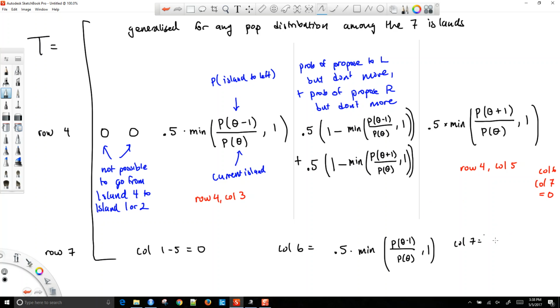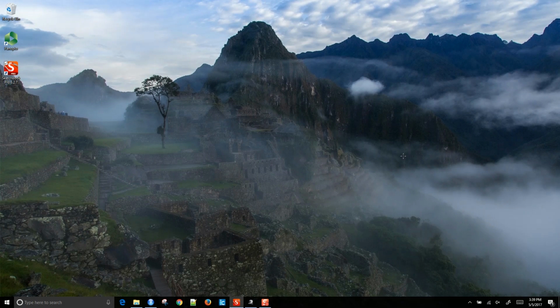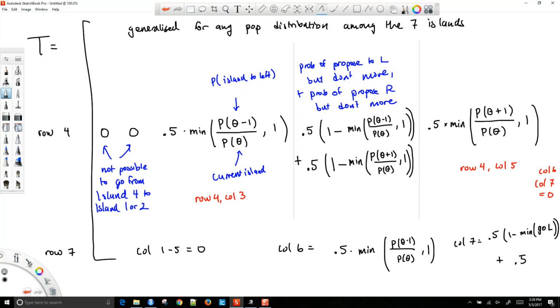Okay, so column 7 will be 0.5 times 1 minus this thing, 1 minus minimum of going to the left, I'll just write go left, plus 0.5, because all of this stuff just zeroes out. So that's what column 7 looks like. And then the same thing with column 1, it's just flipped around a little bit.